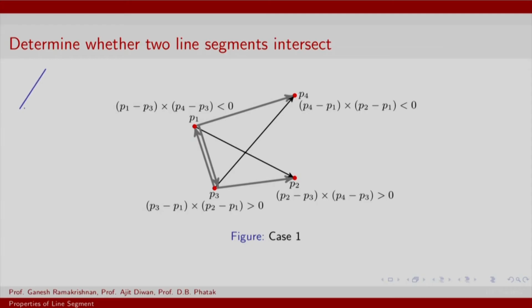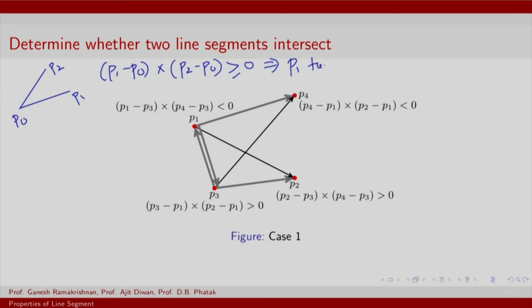We have already seen that if our points were P0, P1 and P2, then the cross product of P1 minus P0 with P2 minus P0, if it is positive, then we know that P1 turns clockwise from P2 with respect to P0.